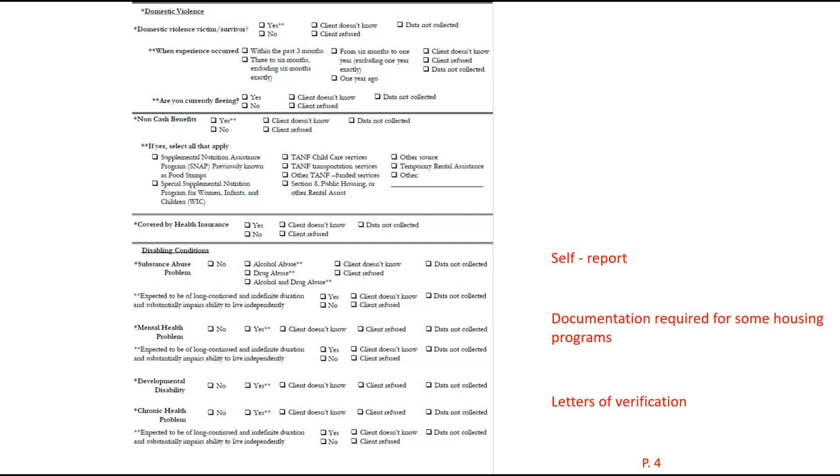Some housing programs require that documentation before a client can be housed, and we want to have that documentation in place so that referrals aren't sitting empty, just looking for people who are ready to be housed based on documentation.